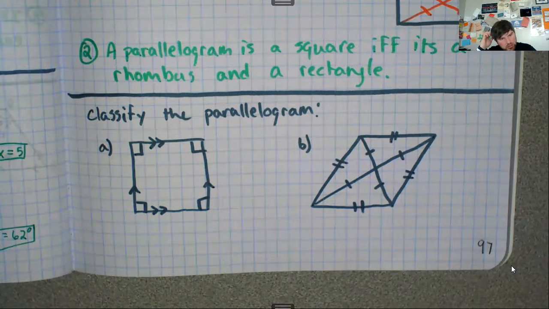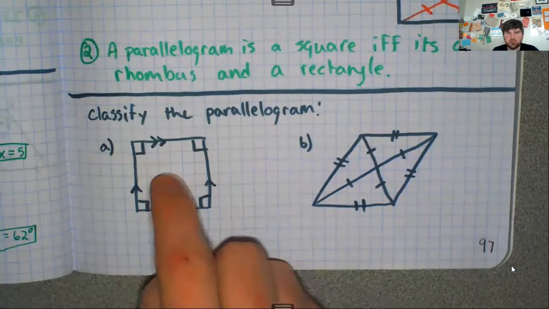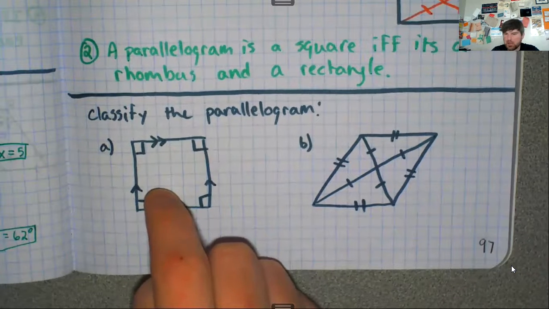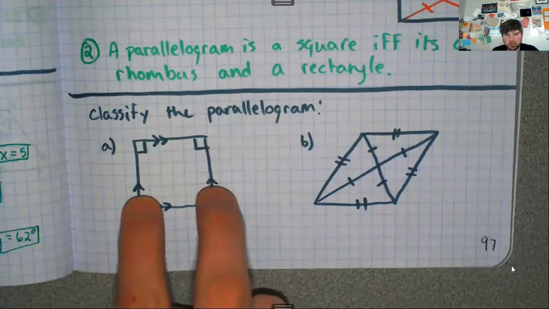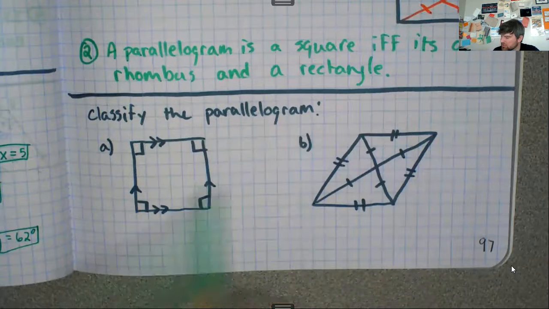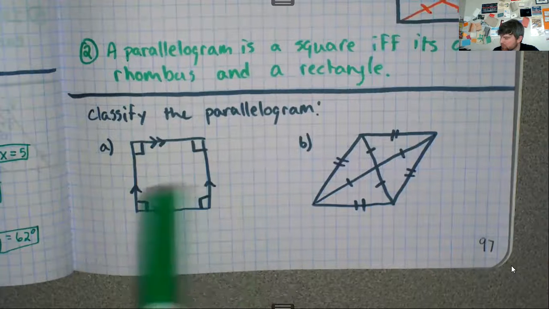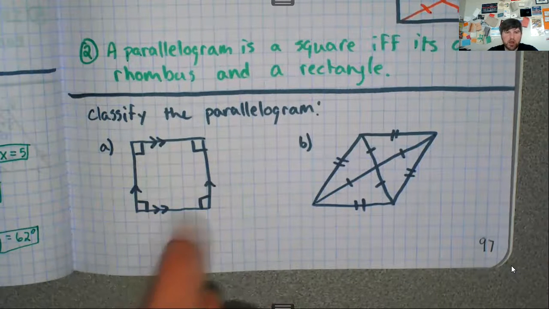Okay, so let's start with A, and let's just kind of go down the list that we have. We know that it has 4 sides, so it's at least a quadrilateral. Okay, and they actually tell us it's a parallelogram, but we know from here that it's a parallelogram because you got opposite sides congruent. Okay, so if this is a parallelogram, they give me that it's got 4 right angles.